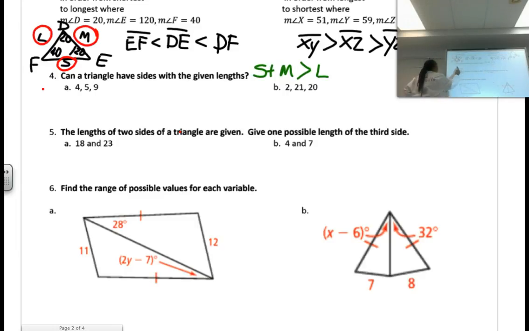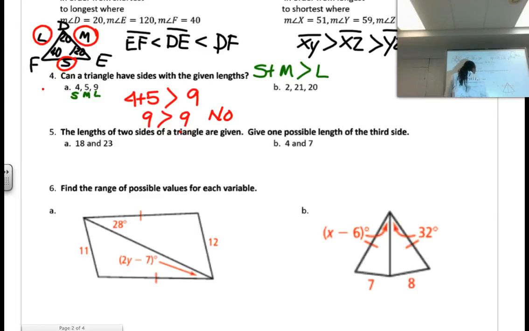So first thing that you should do is identify your small, medium, and large side of your triangle, and then substitute them into our inequality. So 4 plus 5 should be greater than 9. Is 9 greater than 9? Your answer is no. So we cannot make a triangle with those given lengths.